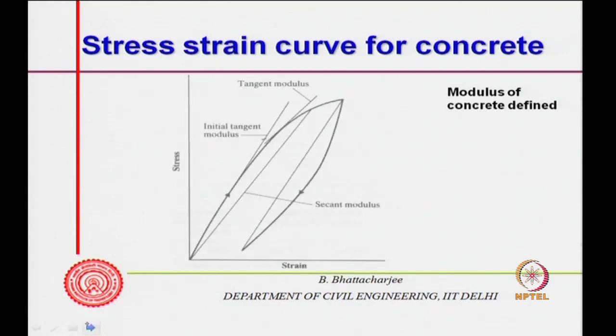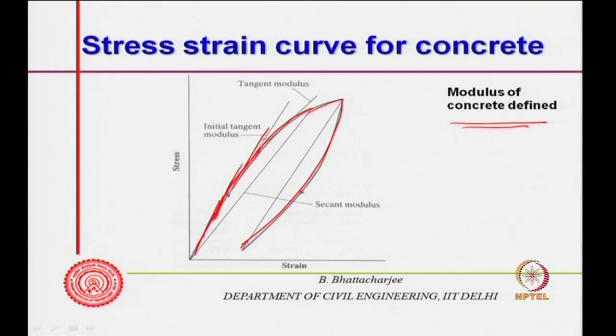Well, since it is non-linear, we have to define the modulus of concrete. Its behavior is something like this, and then it follows something like this. So, you define something called the initial tangent modulus.